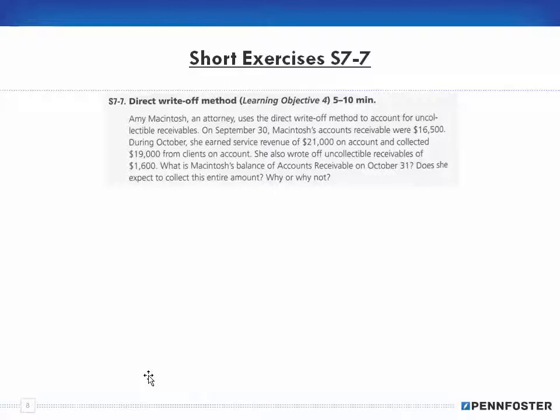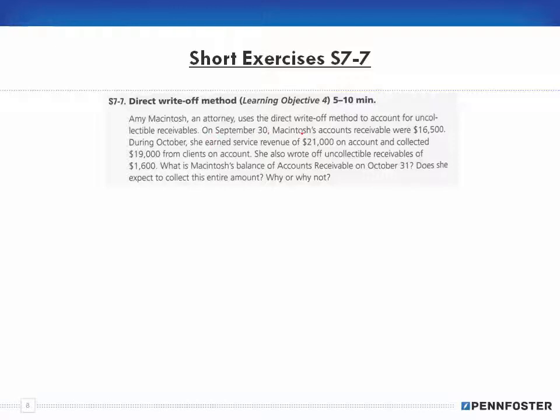Short exercise 7-7, direct write-off method. Amy McIntosh, an attorney, uses the direct write-off method to account for uncollectible receivables. And that means as soon as she determines that a customer is not going to pay their debt, she directly writes off that receivable to bad debt.